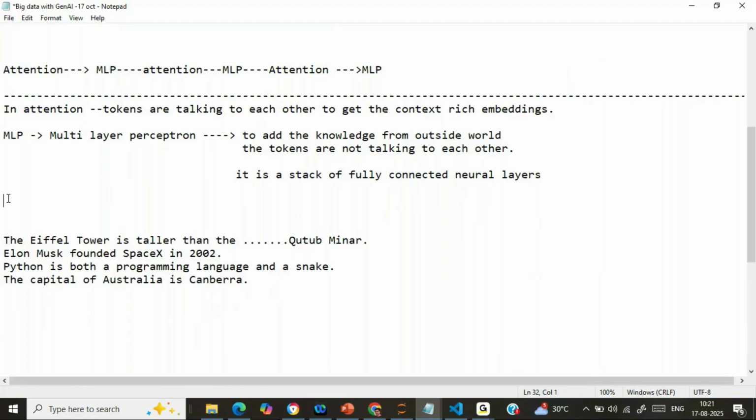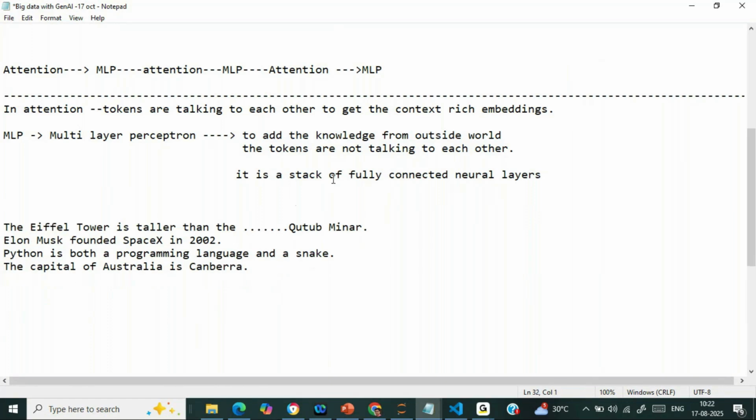After that pre-training phase, the entire information is clubbed inside this stack of neural layers, and from there it is utilized to predict the next word.